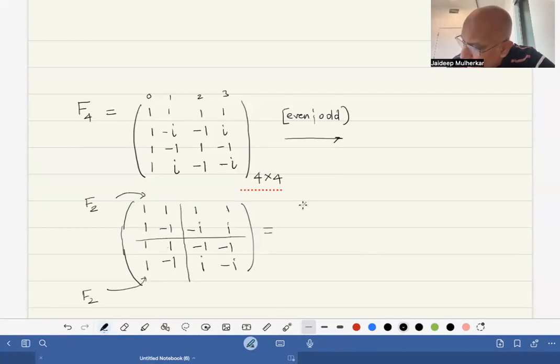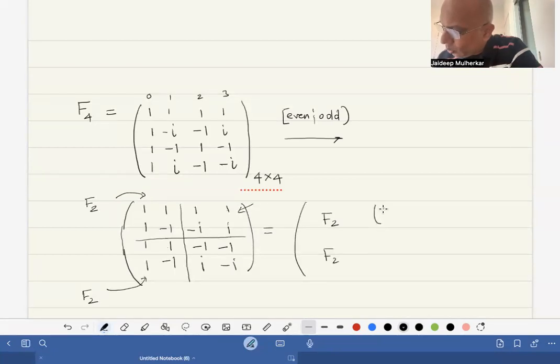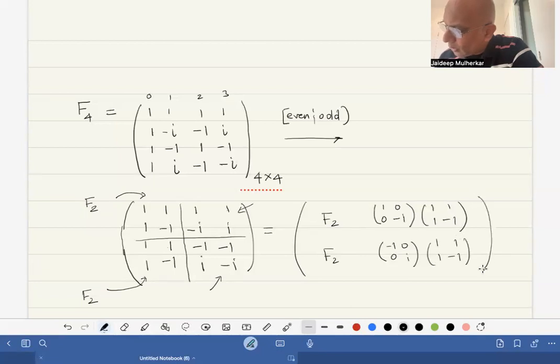So I can write this as F2, F2, and I can write this 2 cross 2 matrix as 1, 0, 0, minus i multiplied by 1, 1, 1, minus 1. And similarly, I can write this block as minus 1, 0, 0, i multiplied by 1, 1, 1, minus 1. And then again, notice that this is just the two-dimensional Fourier transform.